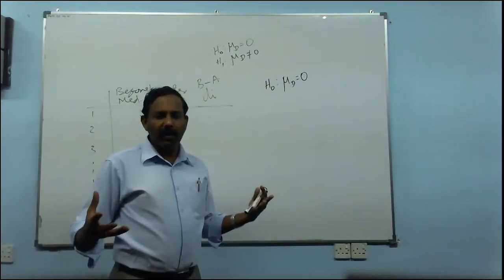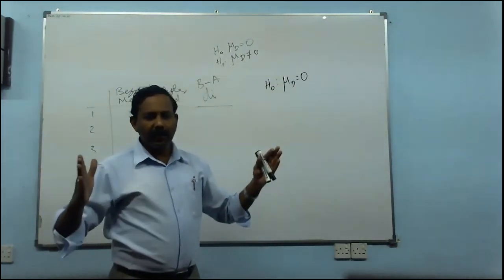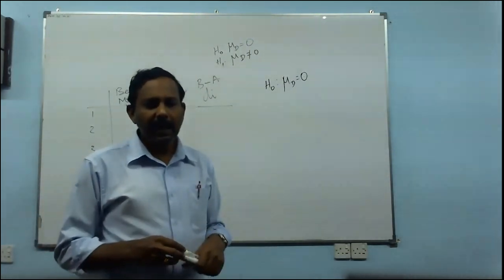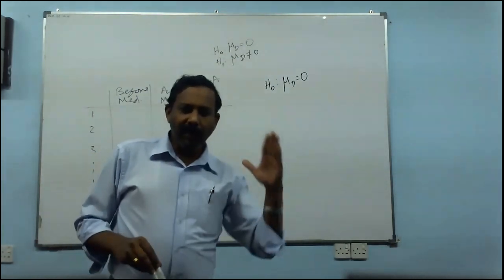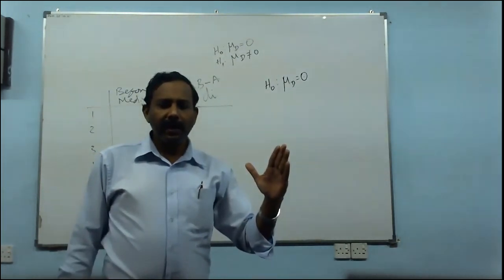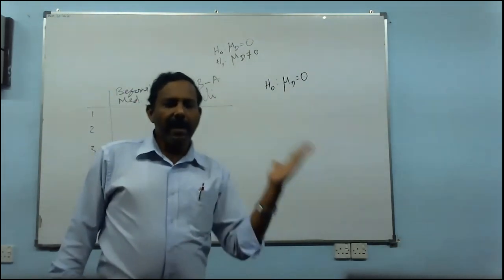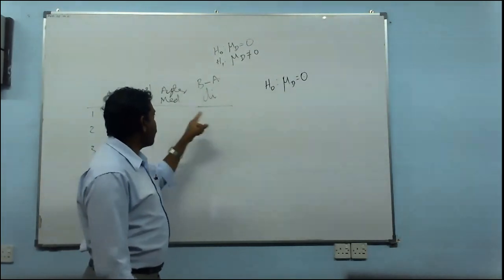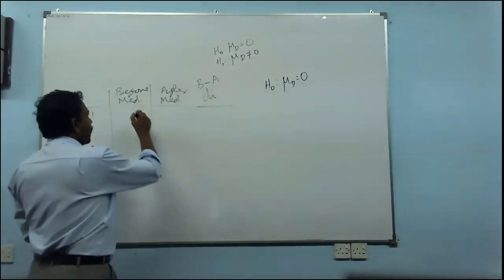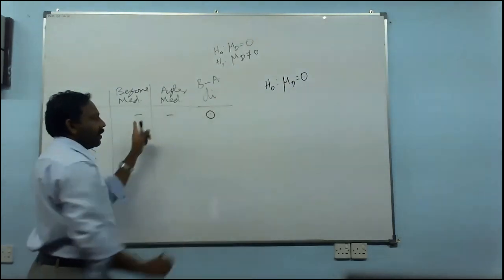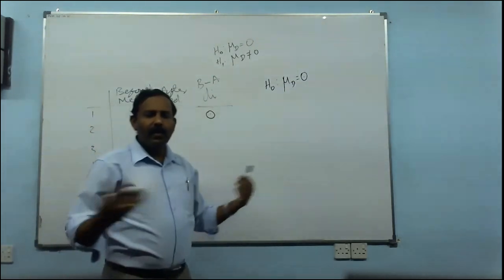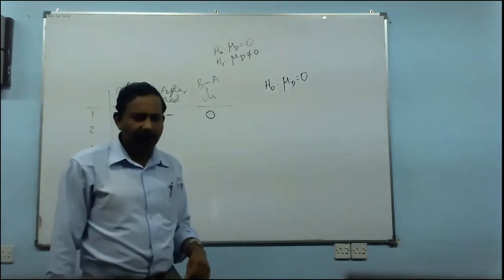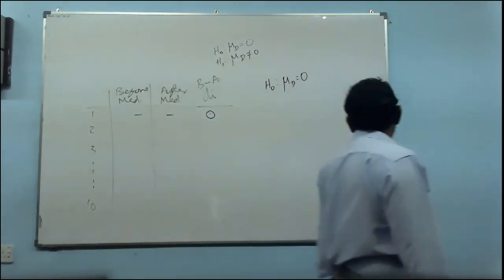No difference between before and after, which means no effect by the medicine. So the cholesterol level before taking the medicine and after taking the medicine is the same. If the difference is 0, what does it mean? No effect by the medicine. Similarly here, mu d is equal to 0.